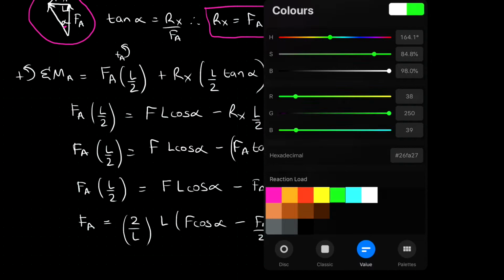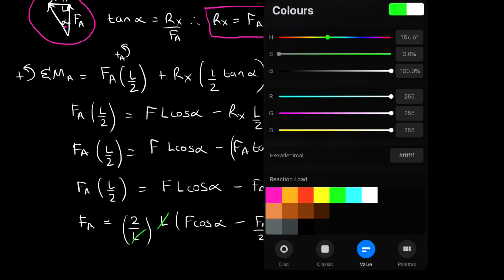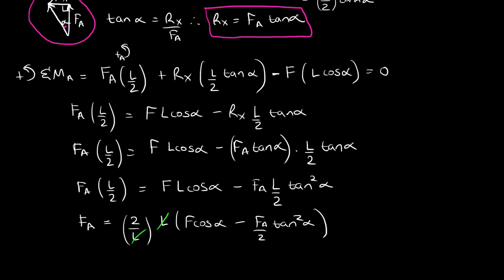So of course we have the L's cancelling each other out. And here we go, we can rewrite it all up as FA equals 2 times F cos alpha minus FA tan squared alpha.